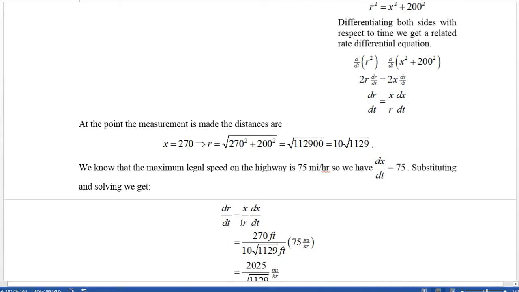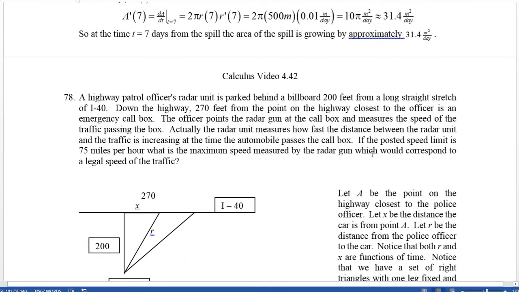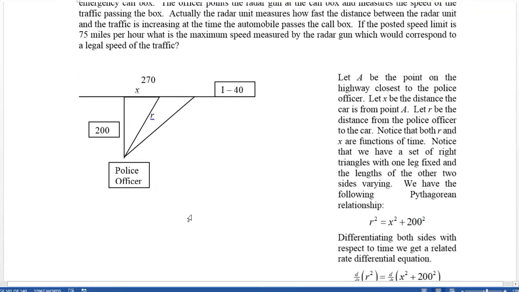Now notice, which one do we know? We know the speed limit. The speed limit is actually the maximum speed that the car can go down the road, which is really dx/dt. But what the radar gun is measuring is not dx/dt, but rather dr/dt.